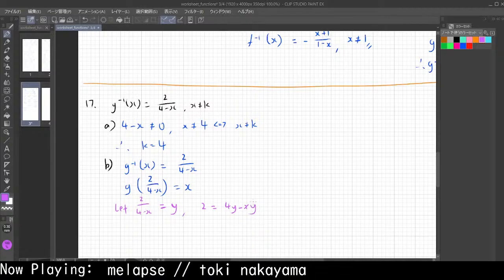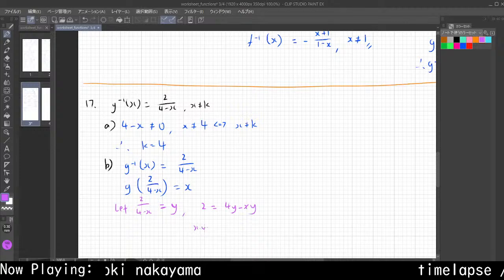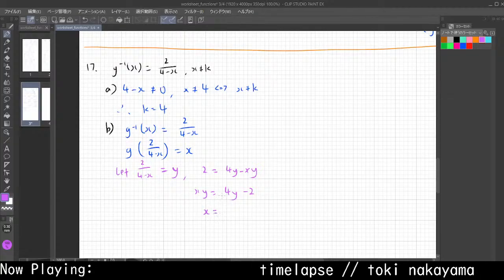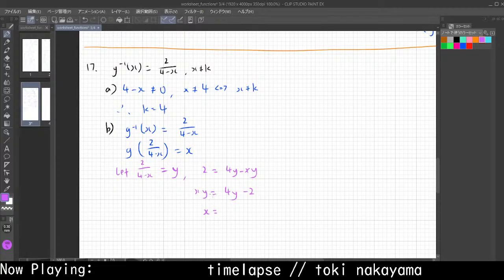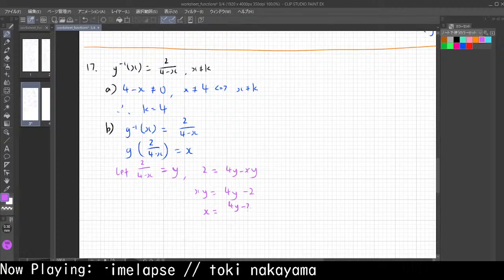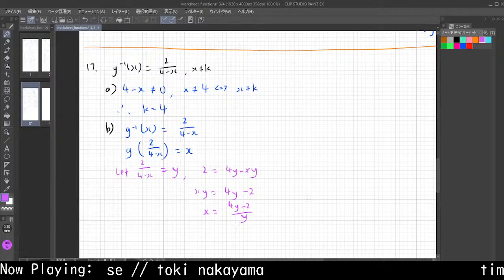You want to isolate x. Switch places, xy move over become positive, 2 move over become negative. Get rid of your y, move over, multiply becomes divide by y. x equals (4y minus 2) over y. Yeah, so we have this.